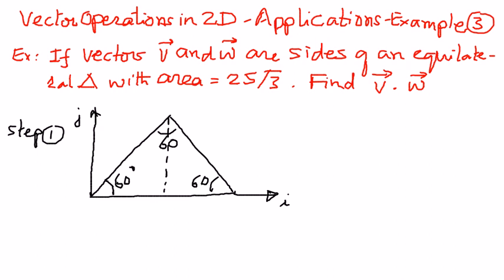For an equilateral triangle, all the three corners will have exactly the same measure, which is 60 degrees.